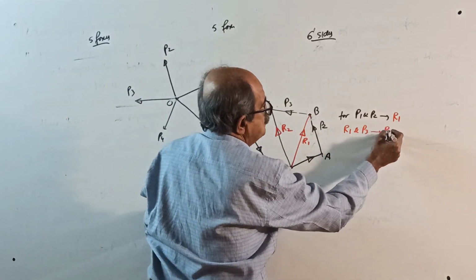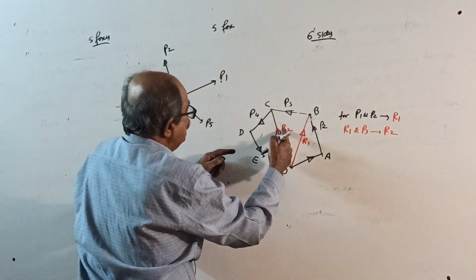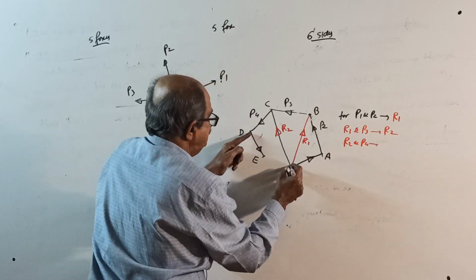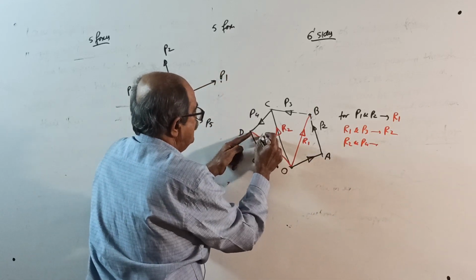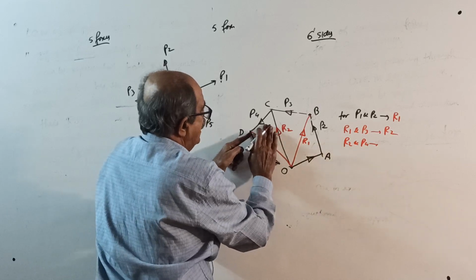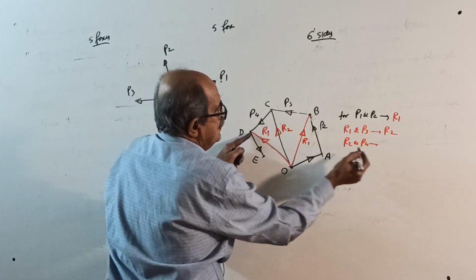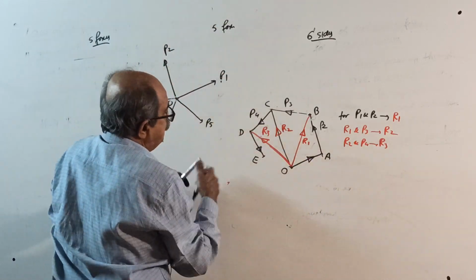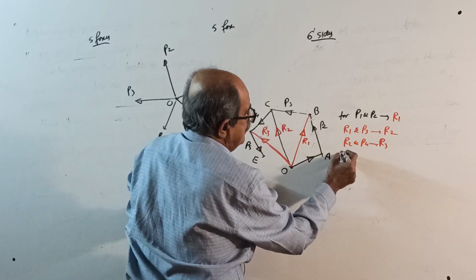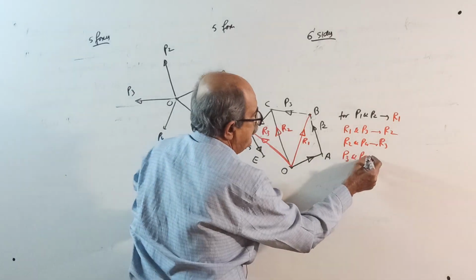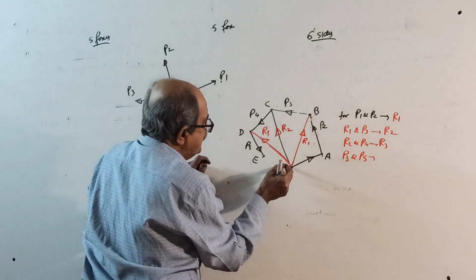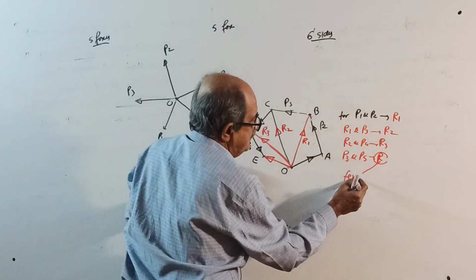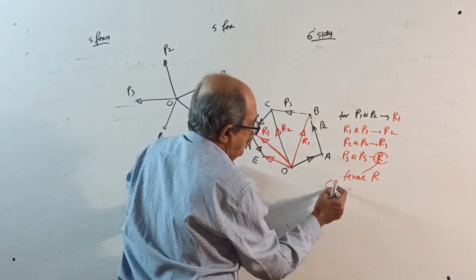Then for R2 and P4, this is the resultant, R3. Then for R3 and P5, this is the resultant, which is the final resultant for all forces.